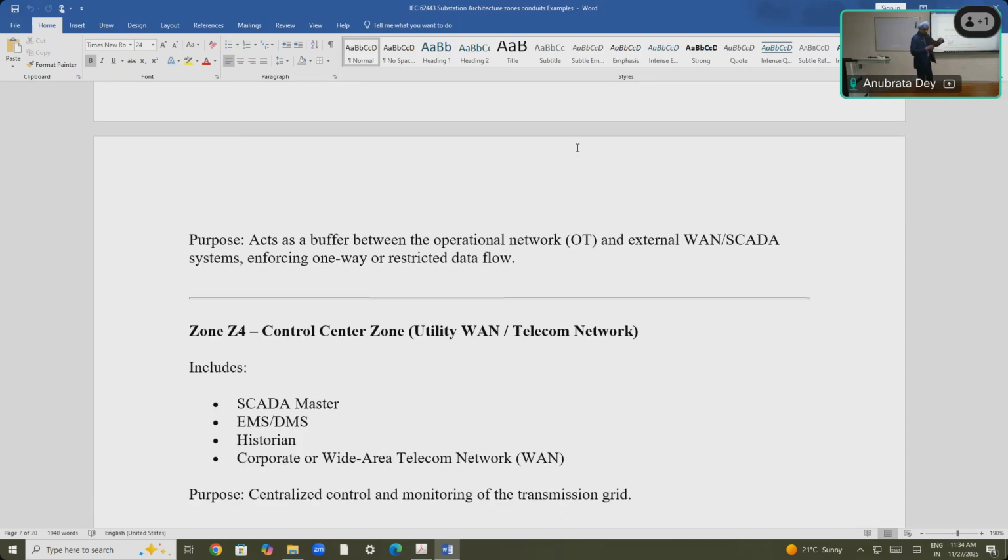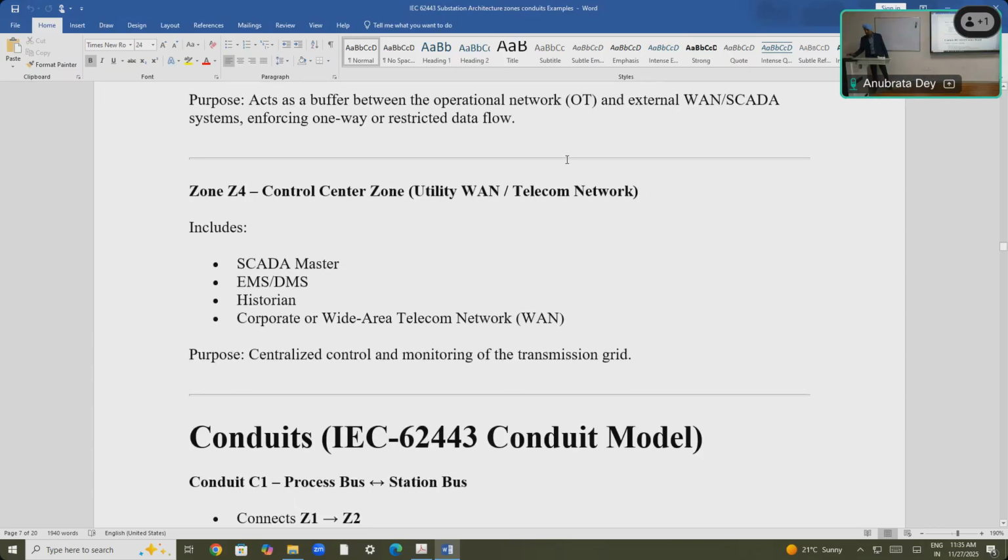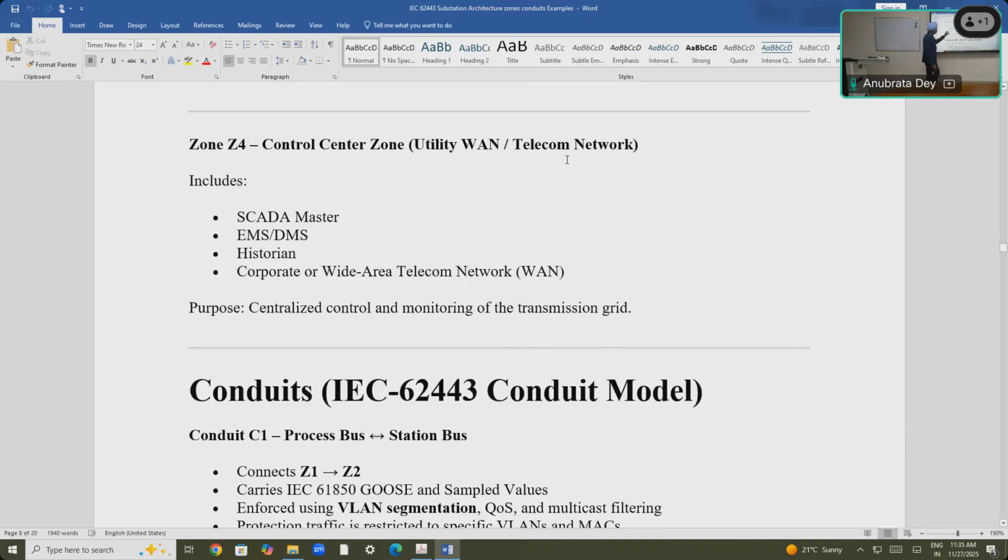When you want to separate your OT network from anything, could be IT, could be SCADA, or wide area network, that's where you will create the demilitarized zone. And the access there going into the OT network will be very limited. And then zone 4 is the utility WAN, which is the central control center, which will have SCADA master, EMS, DMS, and any historian or data storage, or even the corporate or wide area network. That's why between this and your zones 1 and 2, you need a zone 3, which will be the demilitarized zone.